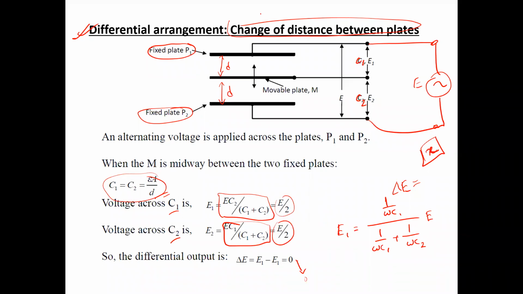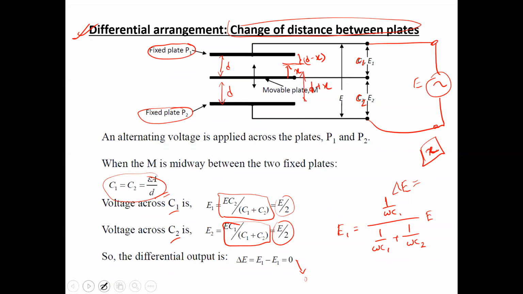Now, if the movable plate is moving upwards or downwards, the distance is not going to be same as before or same as the null position. So if it is moving upwards by a distance x, then the distance between the upper plate and the movable plate will be d minus x, whereas the distance between the lower plate and the movable plate will be d plus x.